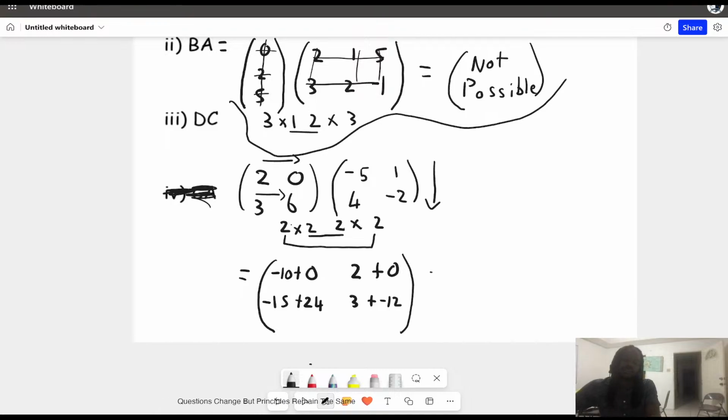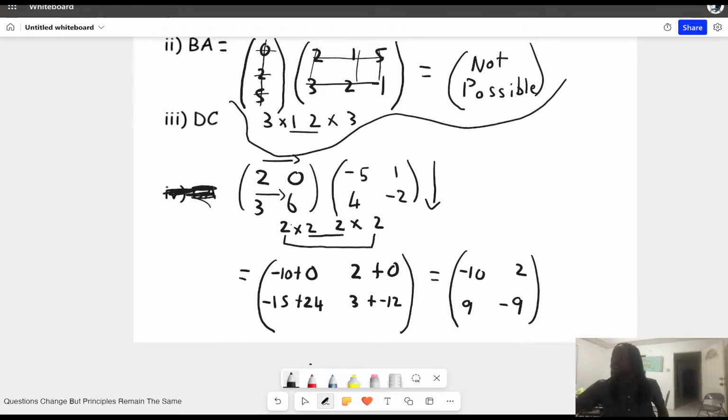And all we got to do is just work these things out. Bam! -10 plus 0, -10. 2 plus 0, 2. -15 plus 24, 9. 3 plus -12, -9.